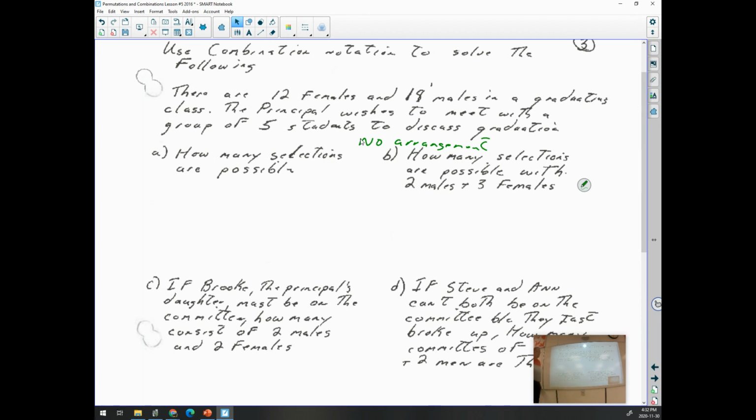Okay, so we have 30 people in 2 different categories that may come up in terms of the problems, and we want a group of 5.